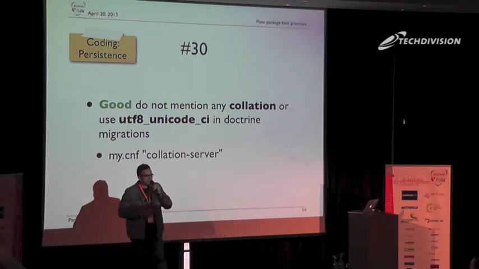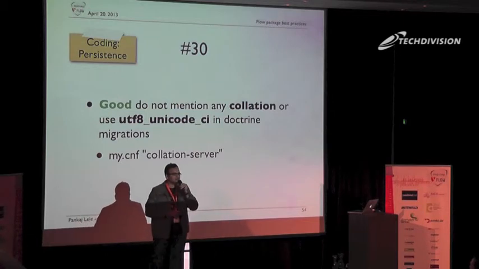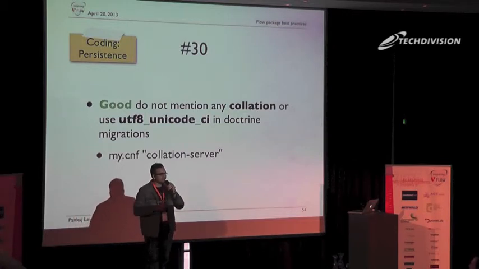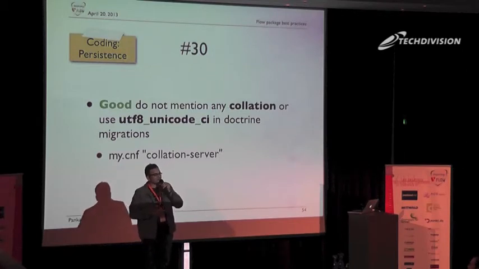When you generate a migration, it already contains the current database collation in the migration scripts. So either you can completely remove those collations, or you can keep Unicode CI, and in any case, you have to make sure on the server side that the MySQL configuration is also set for the same collation.